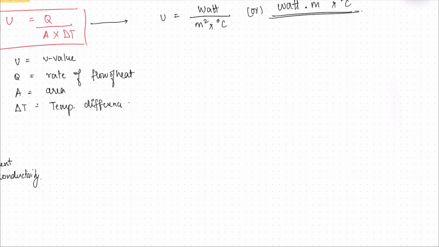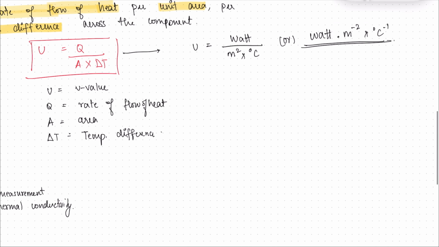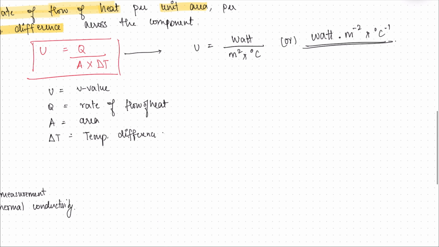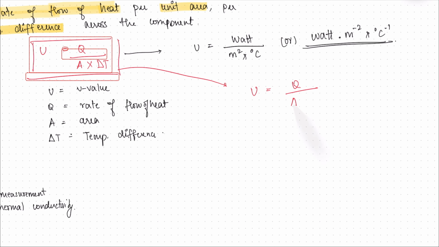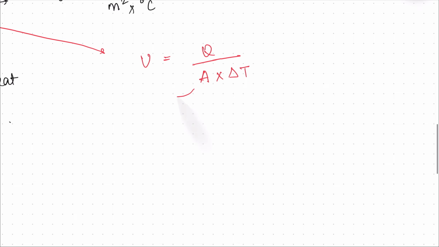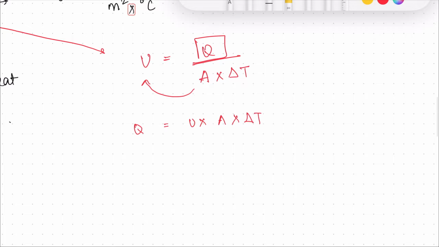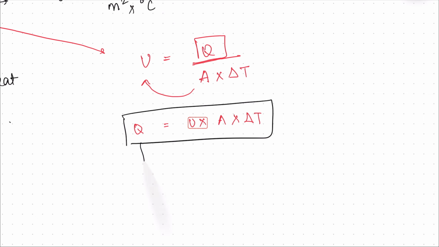Now consider this formula again. U is equal to Q by A into delta T. And if you bring all these here, you'll get the heat gain formula, which is Q is equal to U into A into delta T. And this is your rate of flow of heat or heat gain formula.